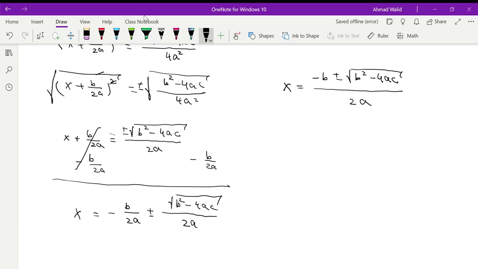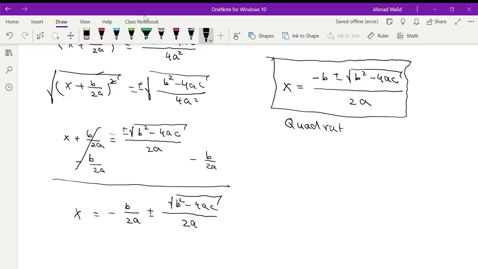We call the result of this process, the last equation, the quadratic formula.